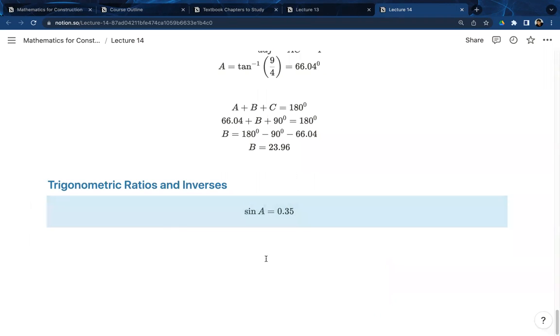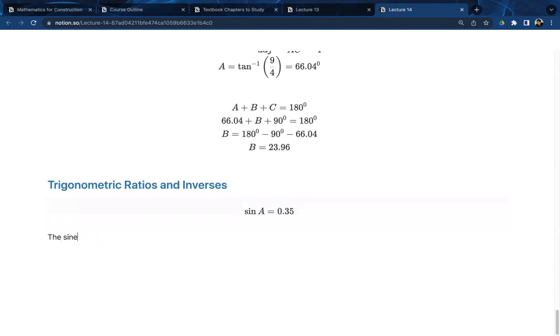How do you read this? So the sine of an angle A is equal to 0.35. That's how you would read this. The sine of the angle A is 0.35.